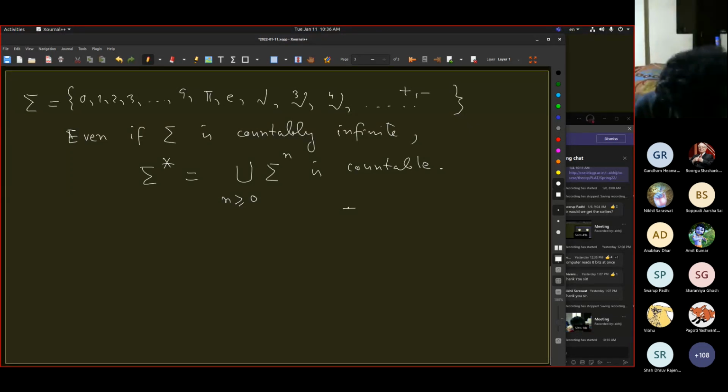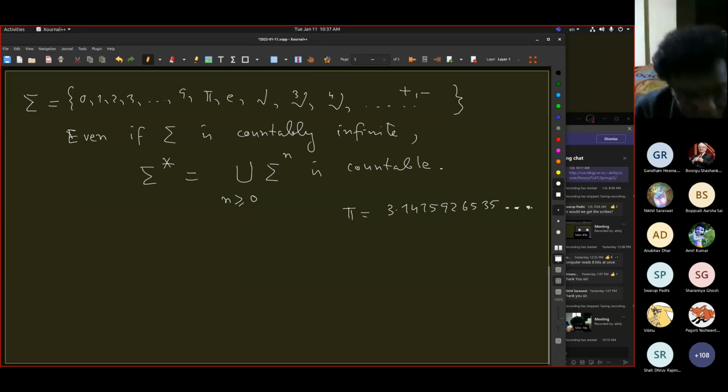If I say 3.1415926535, which is up to 10 digits, and then put this dot dot dot ellipsis sign, then I am not representing pi. This is not an exact representation of pi, right? What is this dot dot dot? Infinitely many symbols are left out.